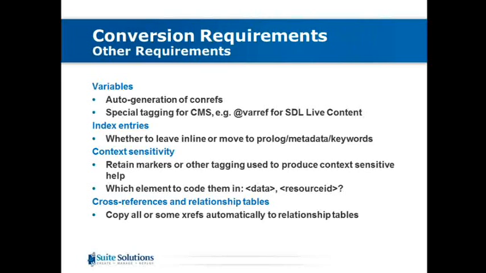Some folks say no, only links at the bottom of the topic, take those and automatically make them relationship tables. But the idea is that you can use the opportunity to automatically build relationship tables and start moving away from xrefs. This is another example of something that can be done automatically, but doing it by hand can be fairly tedious.